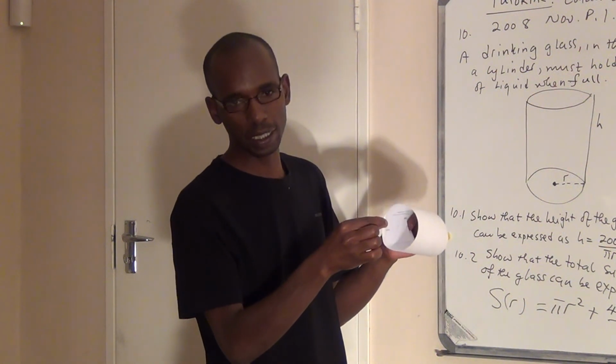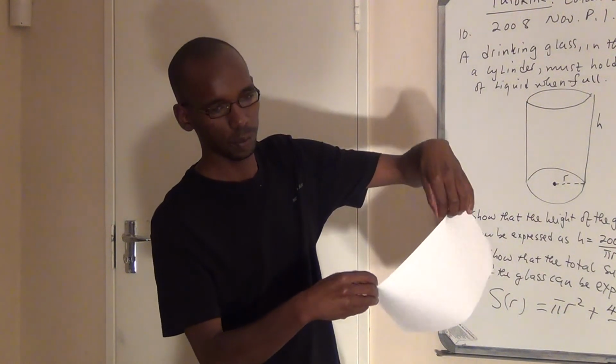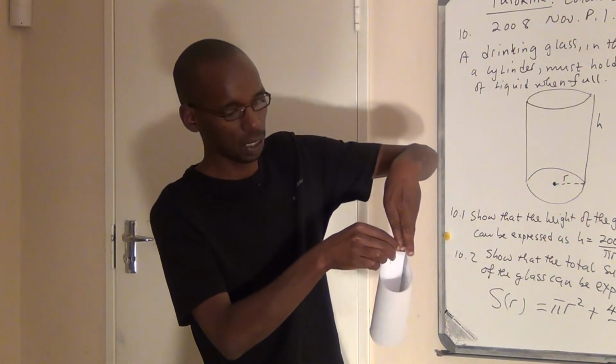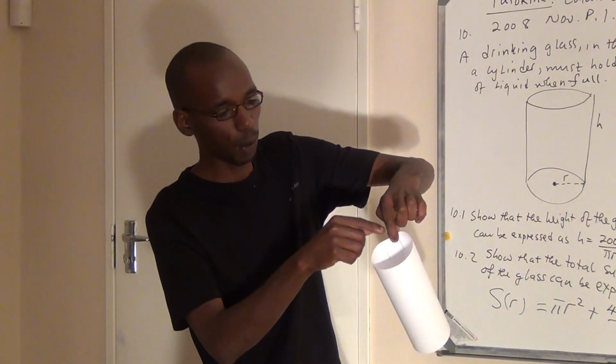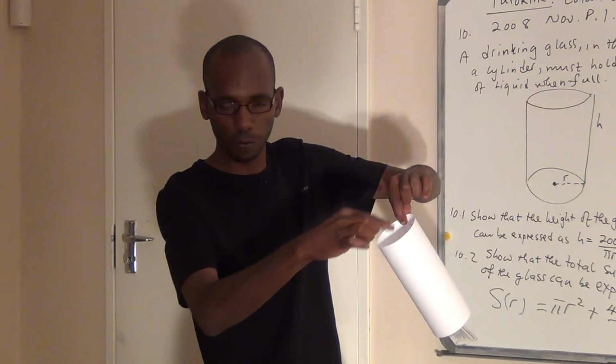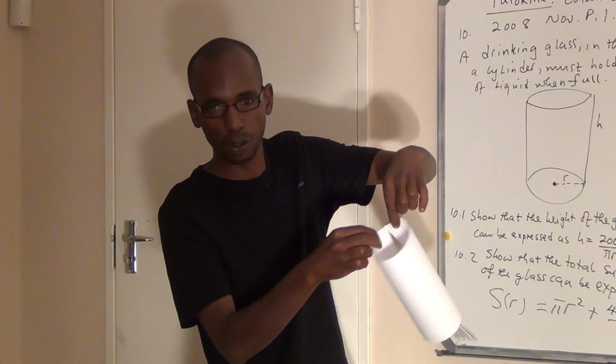When I open up, this side is essentially what was the circular part originally. So if I manage to find the length of this, which is the simple circumference of this circle, I will have found the length of this side.